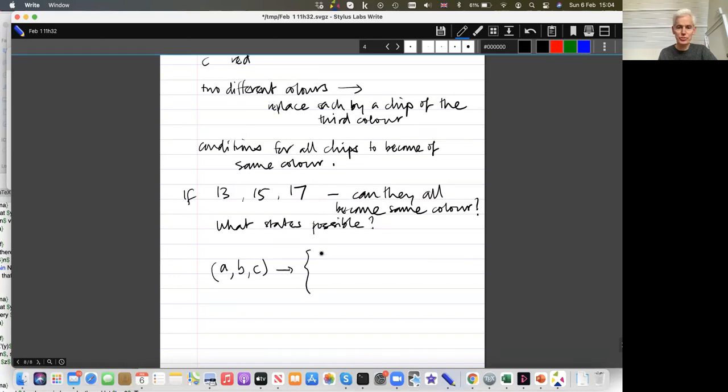So we can either go to A minus 1, B minus 1, C plus 2, or we can go to A minus 1, B plus 2, C minus 1, or we can go to A plus 2, B minus 1, C minus 1.